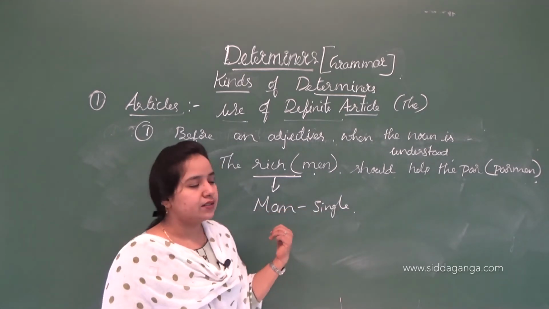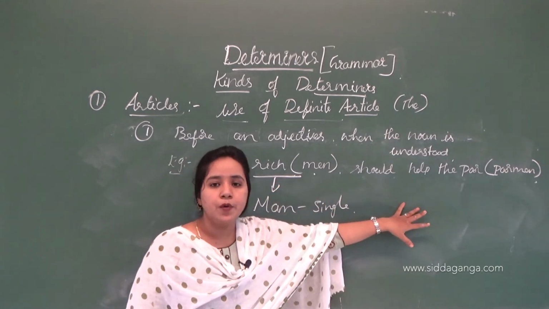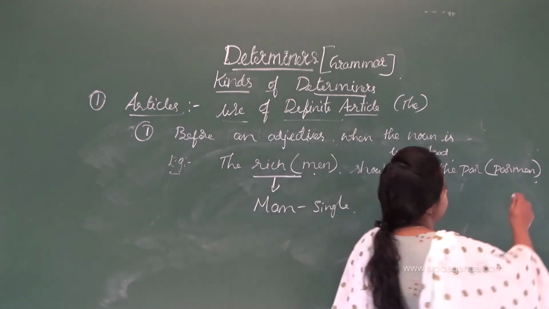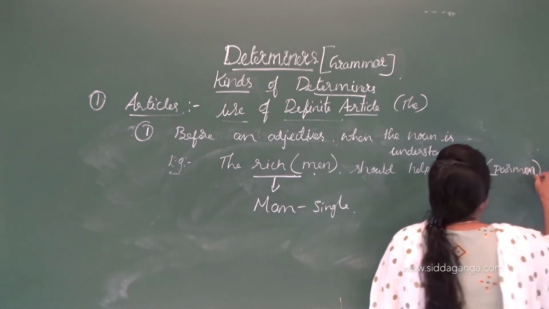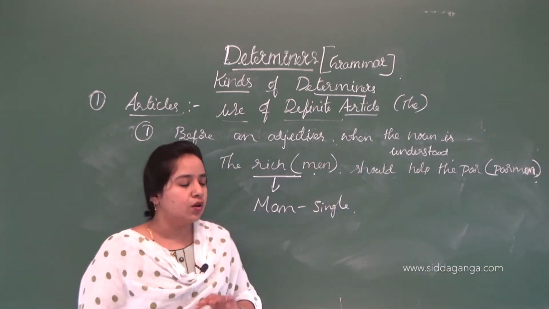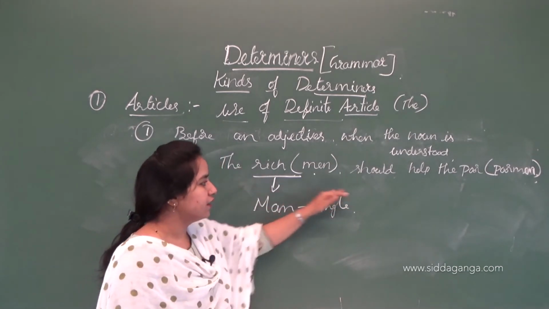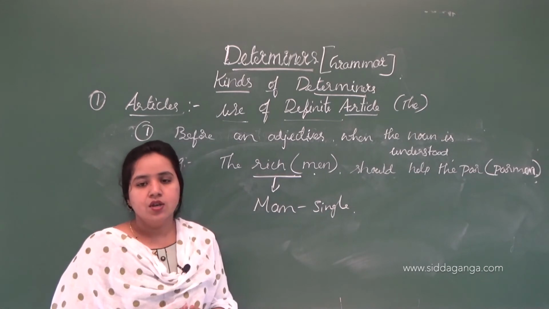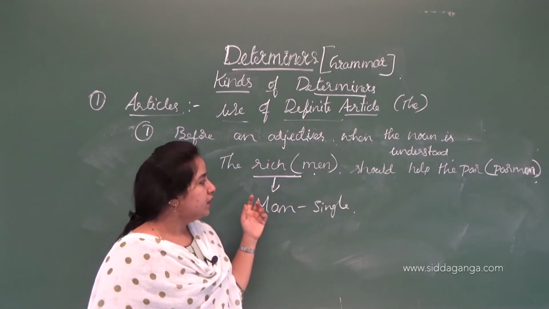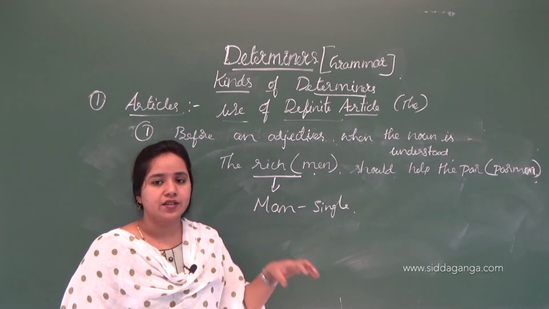And who will get helped by the rich people? That is the poor. So poor means all the poor people, men. It does not say about a particular person, it says about whole people who belong to the poor category. So when the noun is understood, we understand that it relates to all people who belong to the category of rich.